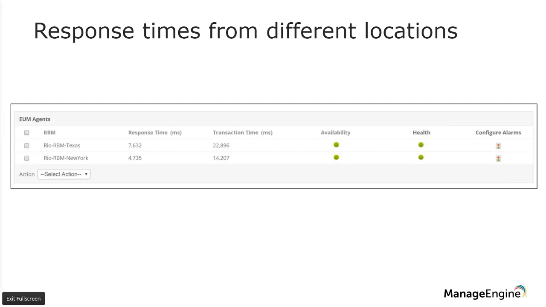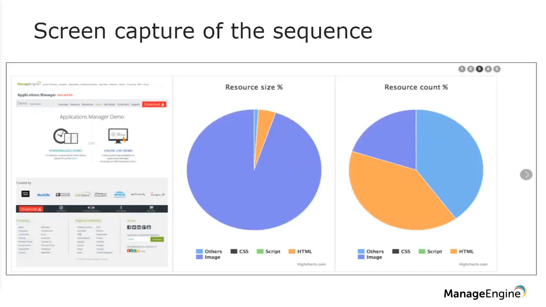Now, the real browser monitor does not limit its features right here. What it does is it provides more insightful information, as you can see from this screen right here. Now, when we talk about taking a sequence of URLs or taking a path flow through the website, the real browser recorder takes screenshots of every transaction that we perform, or every web page that we land on.